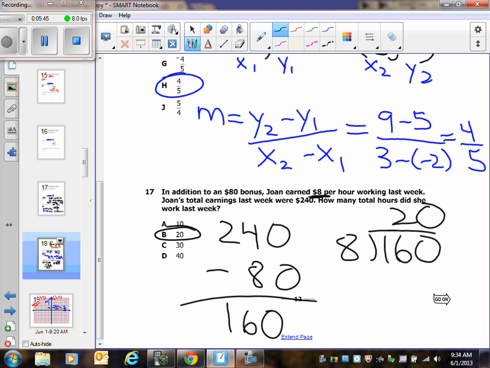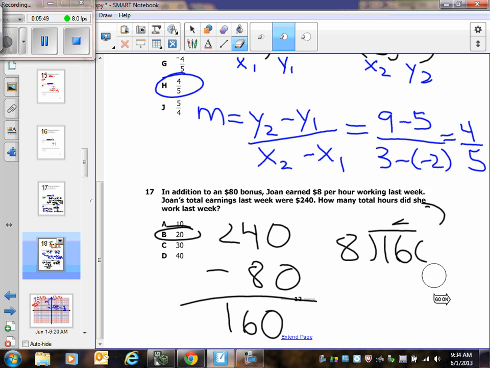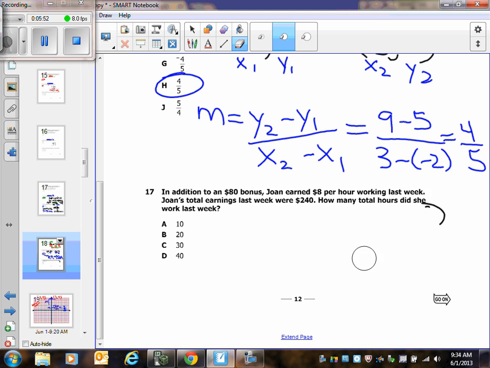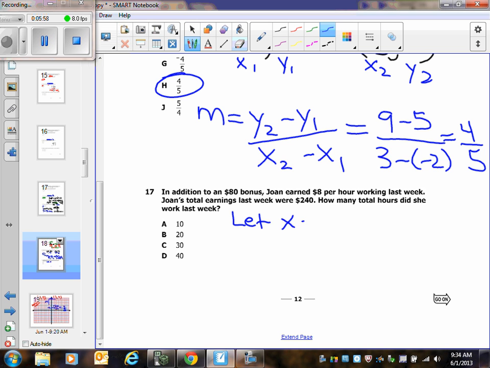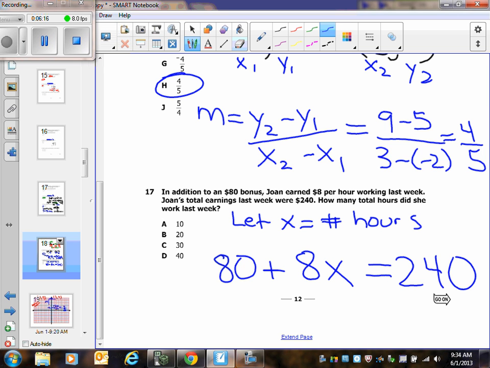Now, to solve this same one algebraically, let's go ahead and let x represent the number of total hours that Joan worked. So we do know that last week she got an $80 bonus, plus she gets $8 for every hour she worked, and she walked home with $240.